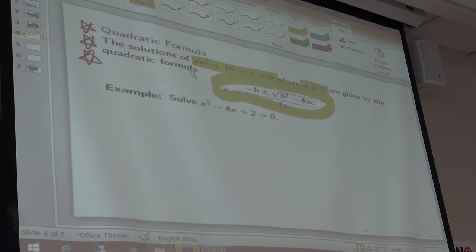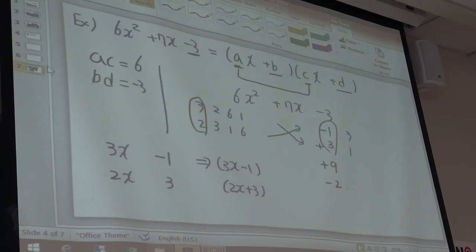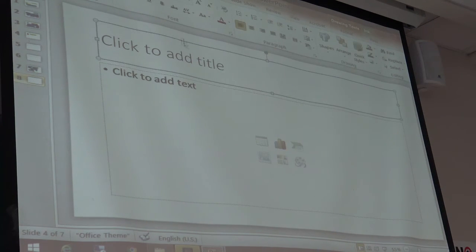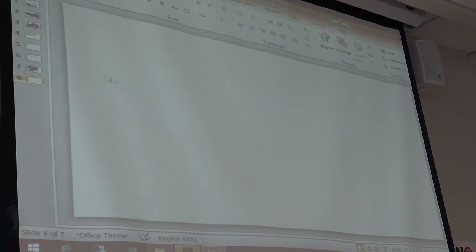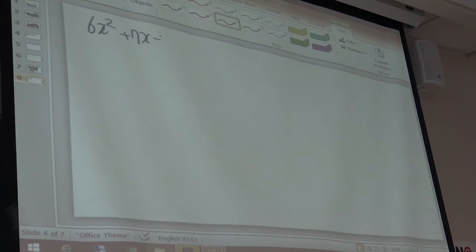Anyway, let's try to do the following example first. Let me add one more slide so we can actually apply that here. So we have 6x squared plus 7x minus 3 is equal to 0. Now we're going to apply the quadratic formula: negative b plus minus radical b squared minus 4ac over 2a.